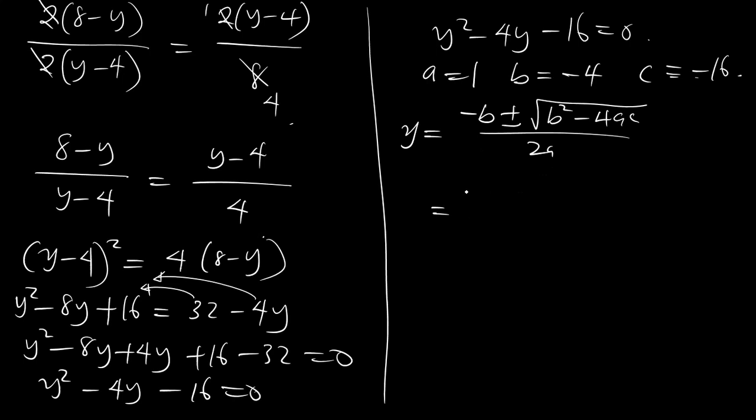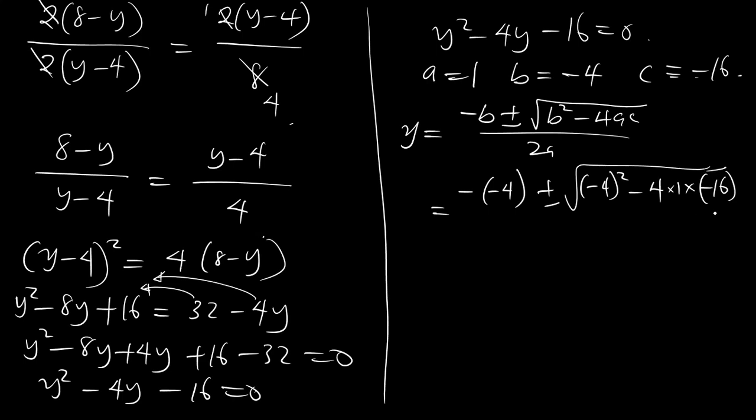Now you have minus into minus 4 plus or minus the square root of minus 4 squared minus 4 times 1 times c is minus 16, divided by 2 times 1.